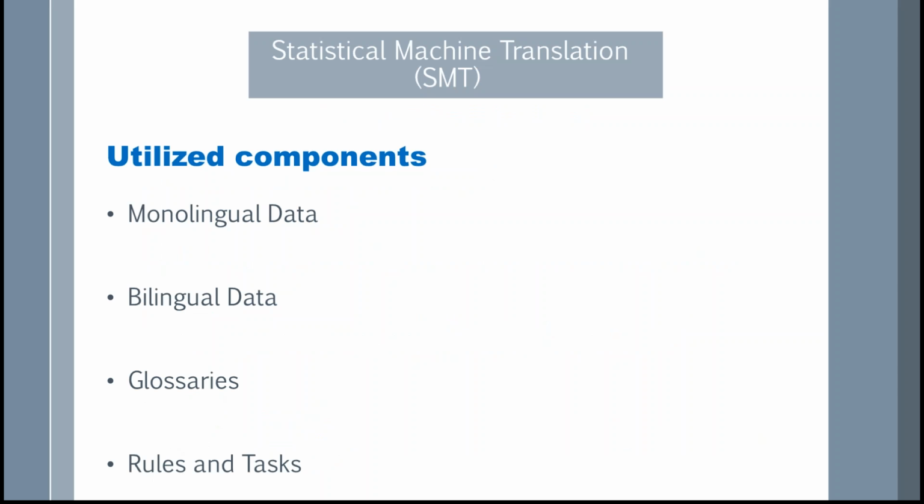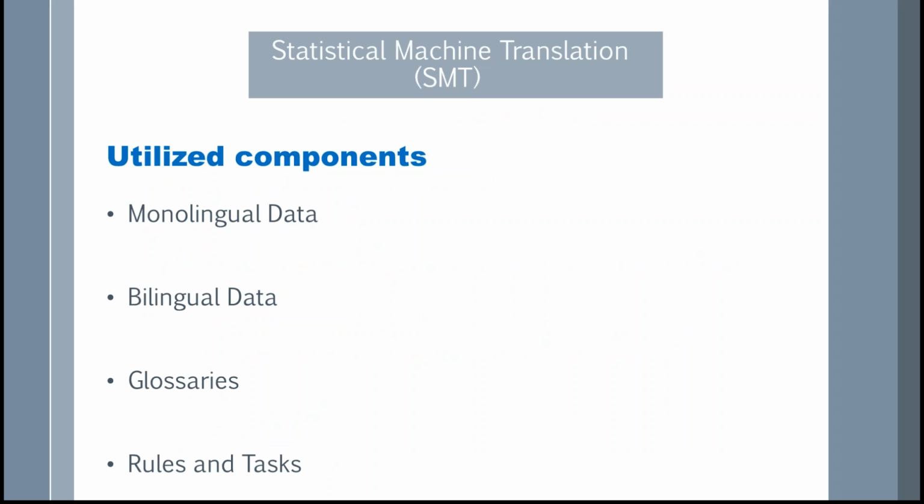So let's have a look at the basic components of statistical machine translation systems. As Tony also mentioned, this is well-known information about SMT systems. We have monolingual data, bilingual data, glossaries, and some rules and tasks.